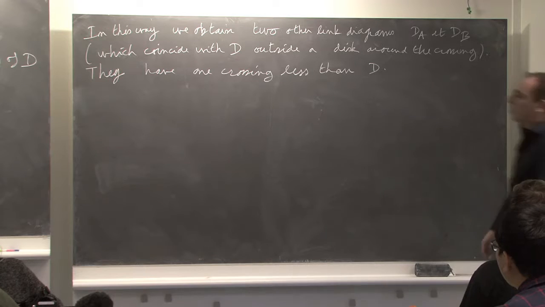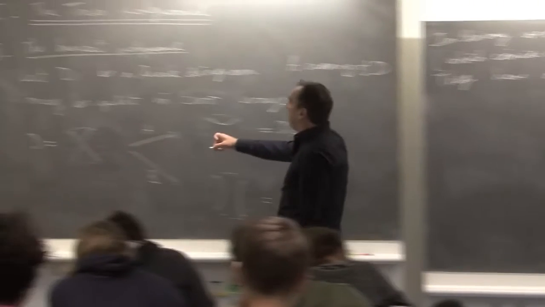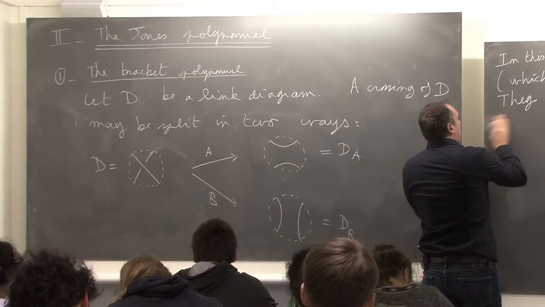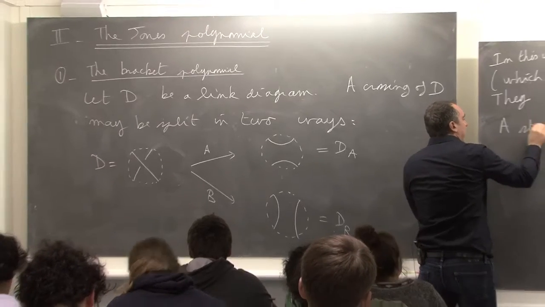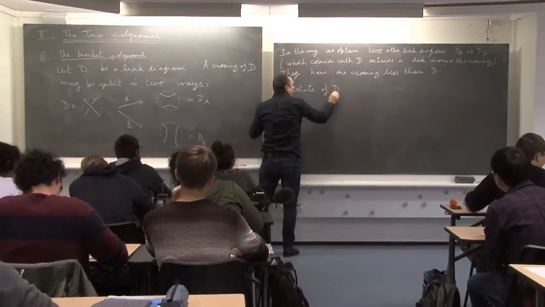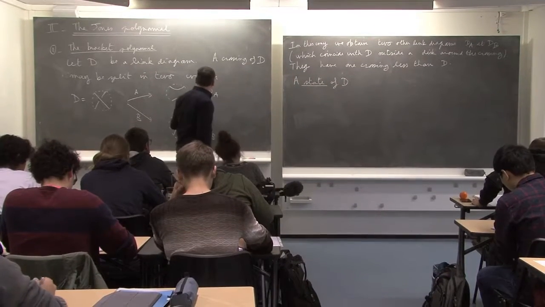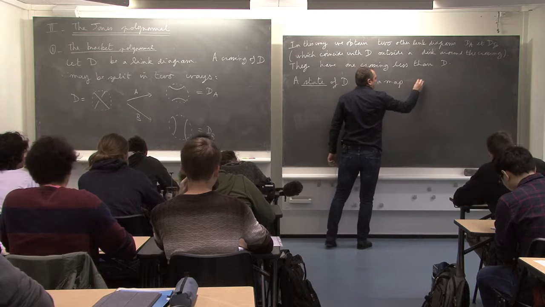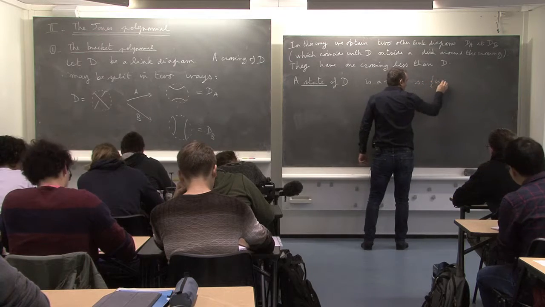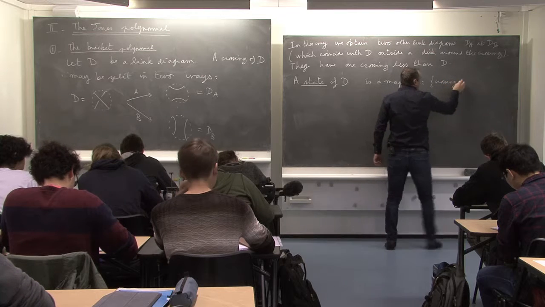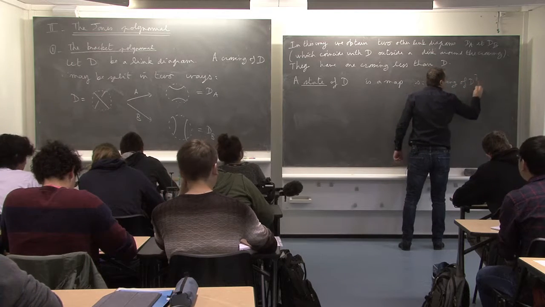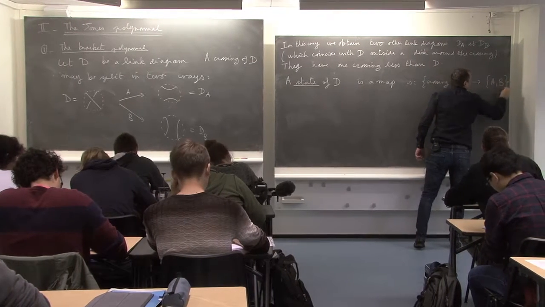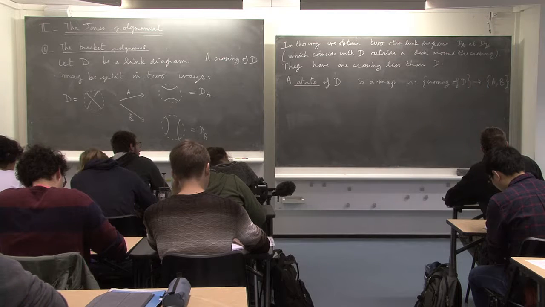So now what we want to do is split all the crossings. So by a state of D, I mean a map, let's call it S, from the set of crossings of D to the set of letters A and B. Okay.